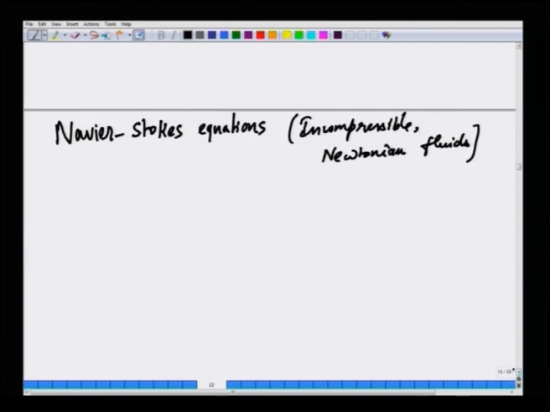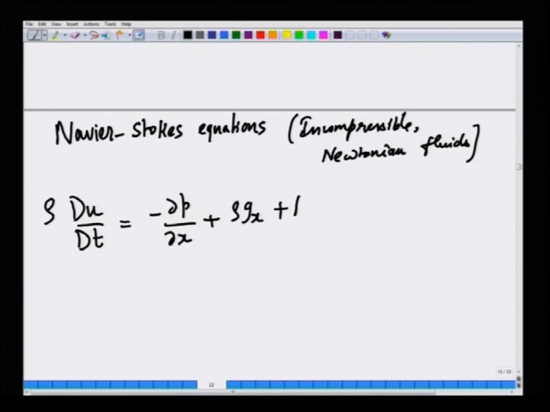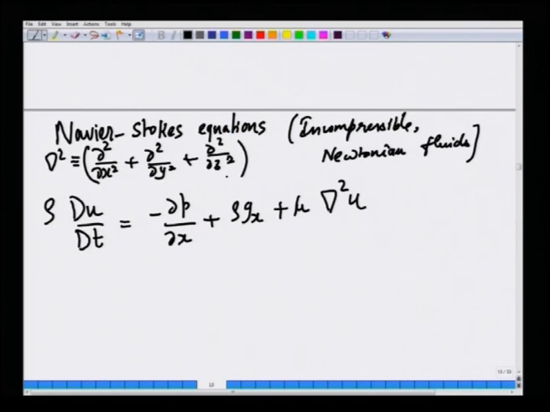Now, we can write this as: rho times the substantial derivative of the velocity equals minus partial p partial x plus rho g x plus mu del squared u, where del squared is the Laplacian operator given by partial squared by partial x squared plus partial squared by partial y squared plus partial squared by partial z squared.